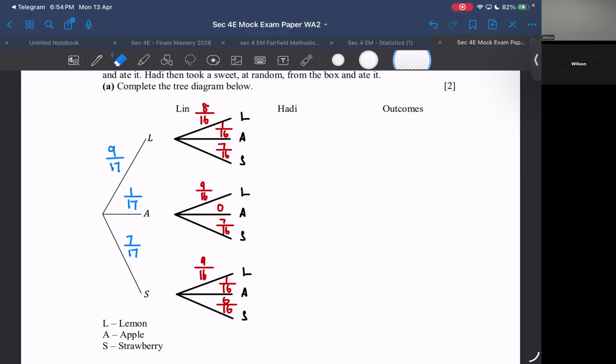So why don't I just take 1, which is the total probability, minus the probability of the same flavor? If I have 1 minus 4 here, also figure it for that. But nothing wrong with the calculation. It's one.